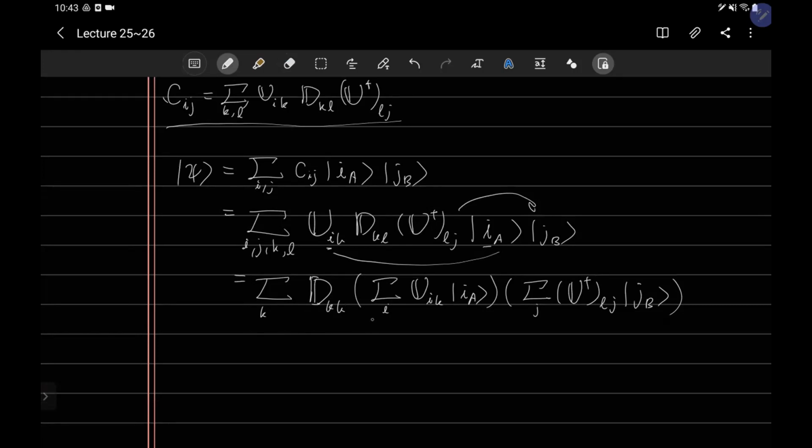So the point here is now I can show that these will be mapped into one set of orthonormal basis, and these will turn into another orthonormal basis.